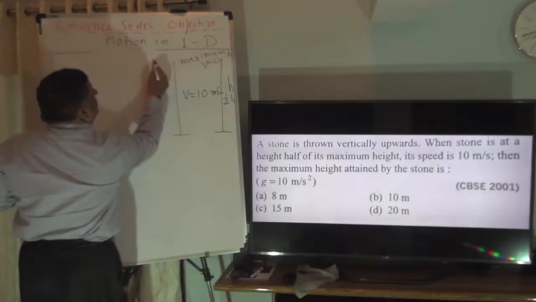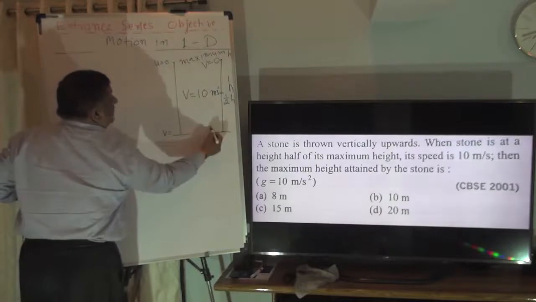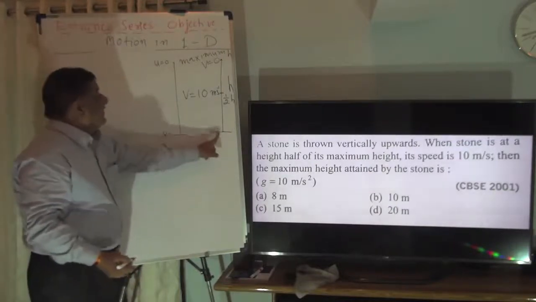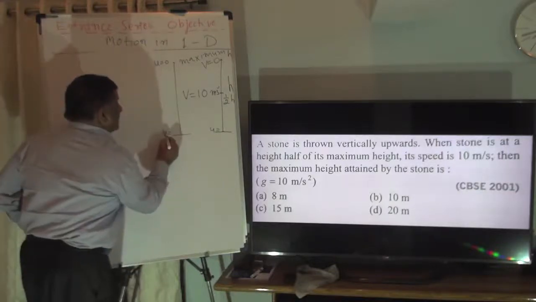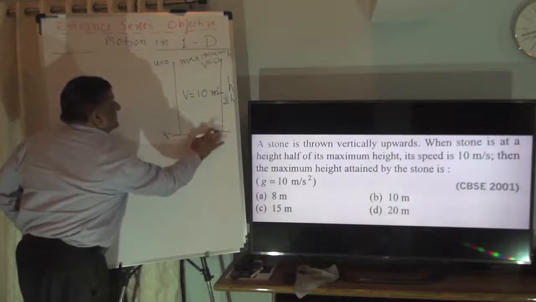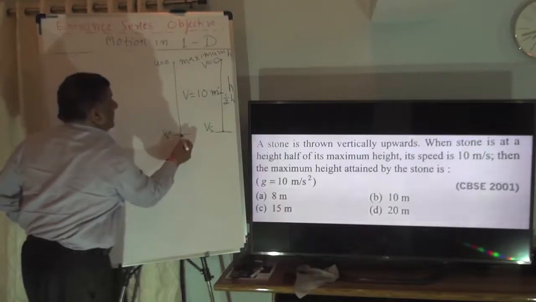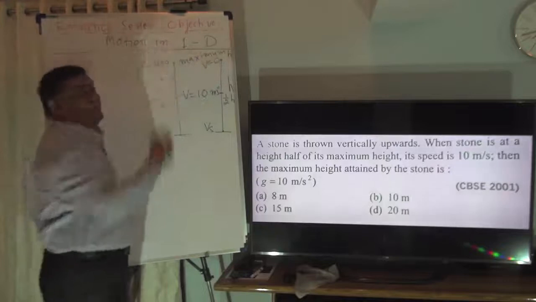Here u will be equal to 0 and here v is equal to what was u here. Let us say this velocity is Vs. Vs started from here and reaches here. Vs started from here, v is equal to 0 here. Same thing.